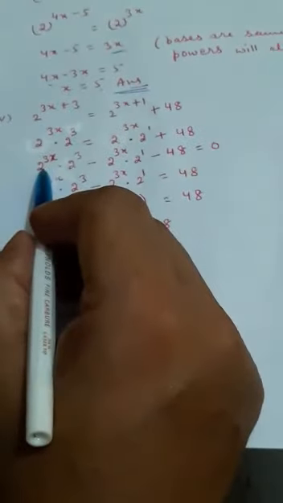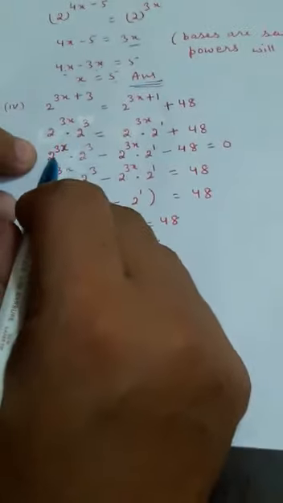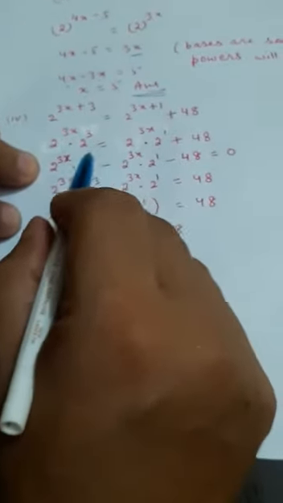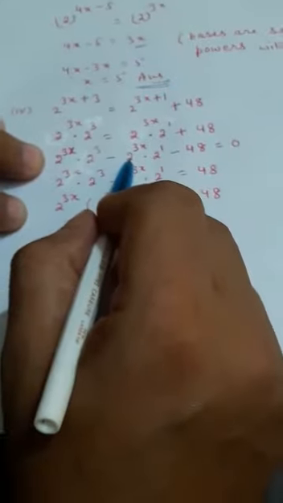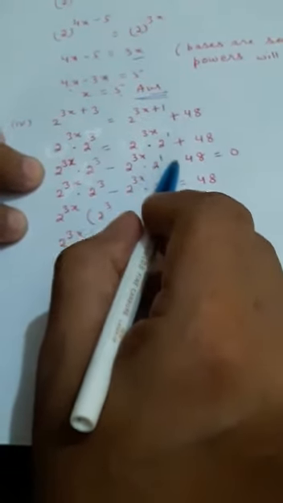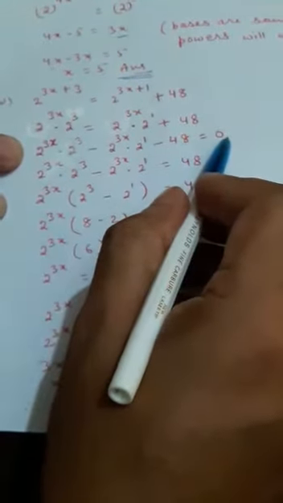Now we will transpose this term to the left hand side, so 2 power 3x into 2 power 3, when this term comes to the left hand side it will become minus 2 power 3x into 2 power 1, and this is also plus, so we convert it into minus 48 is equal to 0.